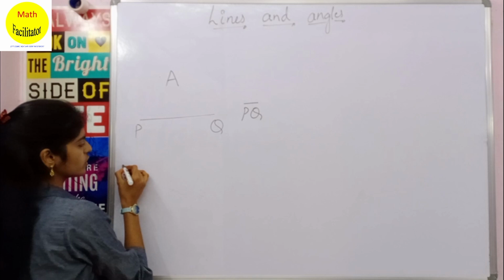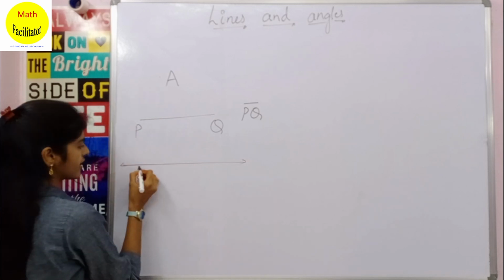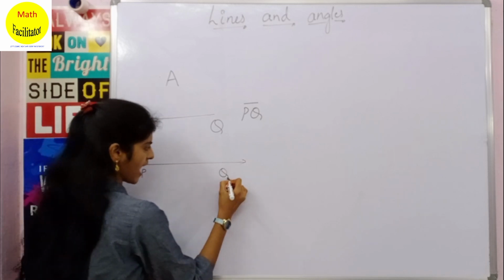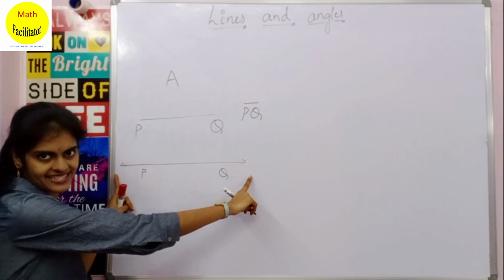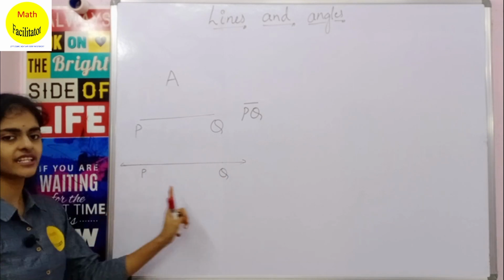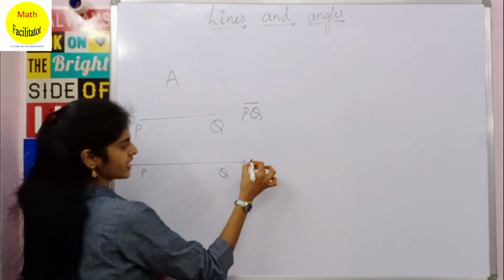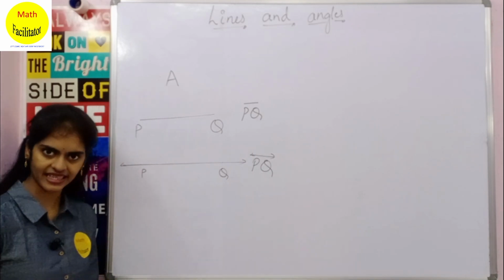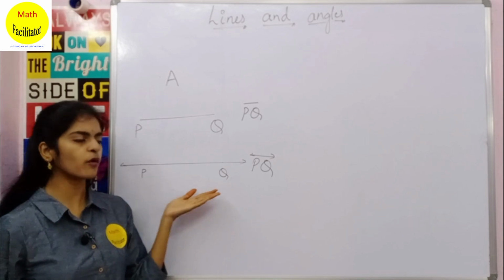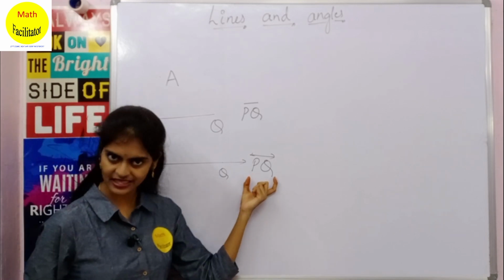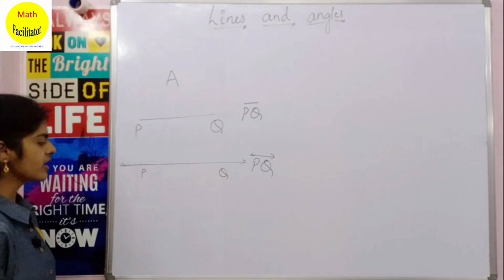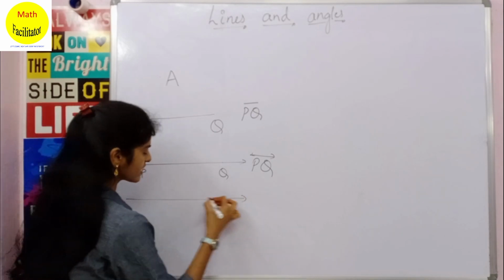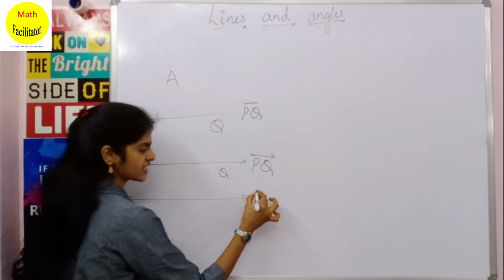Now what is a line? The same PQ, if I extend it on both the sides, this is P, this is Q, this is called a line. You represent it as PQ with a line symbol over it. P and Q are points on the line, so you represent it in this way. You can also represent a line with small letters, small l, small m, n, and so on.